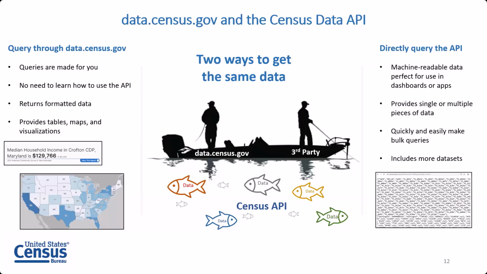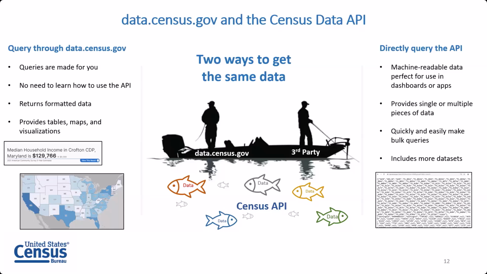What this basically means is that data.census.gov is getting its data from the API. It's just taking this data and organizing it into an easier to read format for you, into a user interface, whether that's through a featured result or a table or a map like you see on the bottom left of the slide here. So when you access the data from data.census.gov, that's just a reminder that you are still accessing the data from the Census Data API.